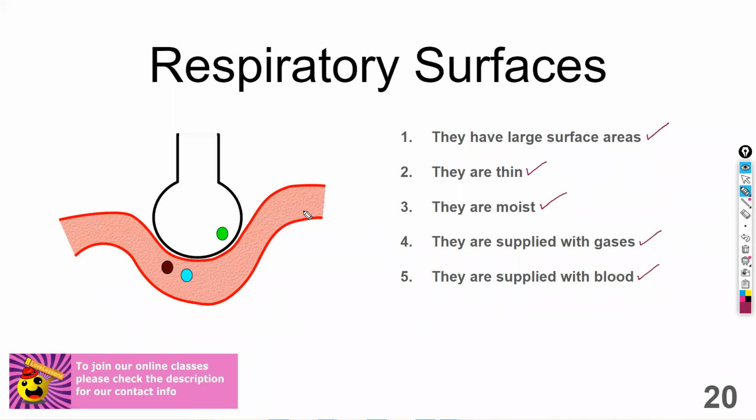It needs to reach the blood. So in the exam, in summary, the examiner loves to ask, what are the 5 traits or 5 properties of a respiratory surface? And you have them now, right? So take it down. Let me know when you are finished. You don't have to draw the diagram. You already have the diagram.